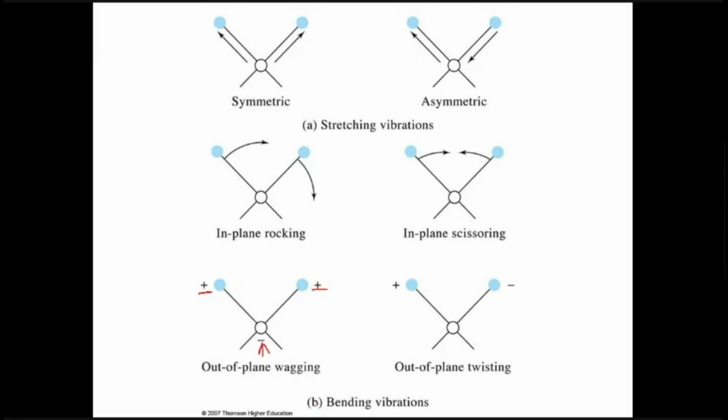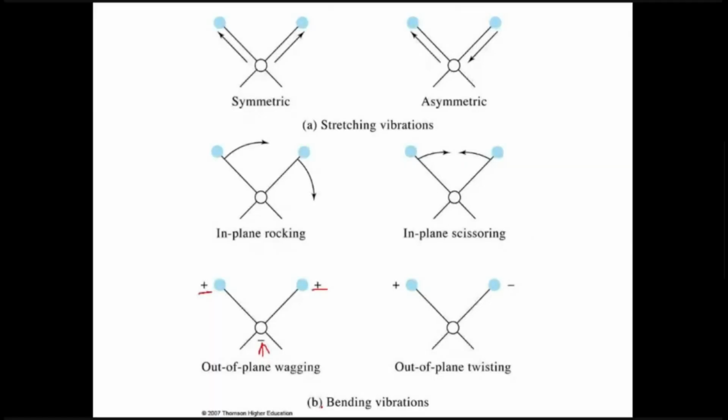Plus sign indicates that those atoms are moving towards the observer, and minus sign indicates the atom is moving away from the observer, behind the plane. Now, coming to the last type of vibration, here there is a plus sign, a minus sign, and no sign on the middle atom.